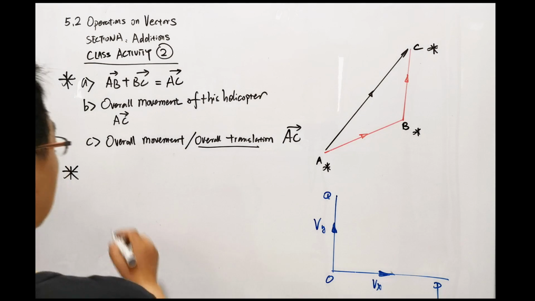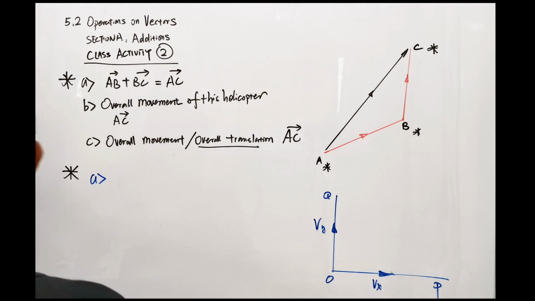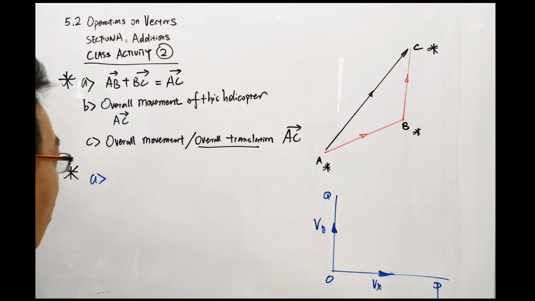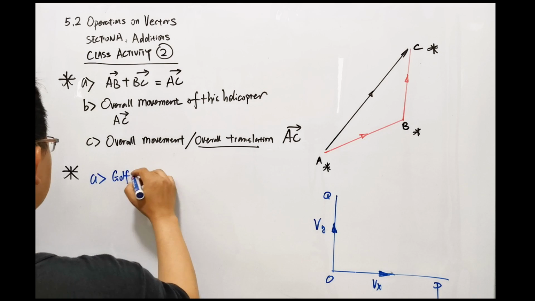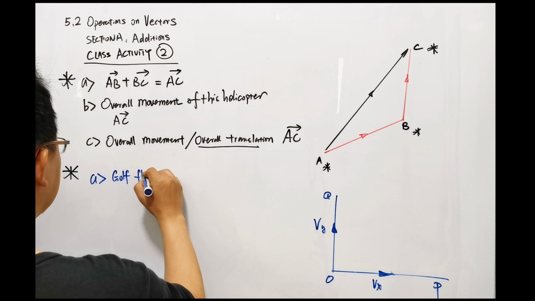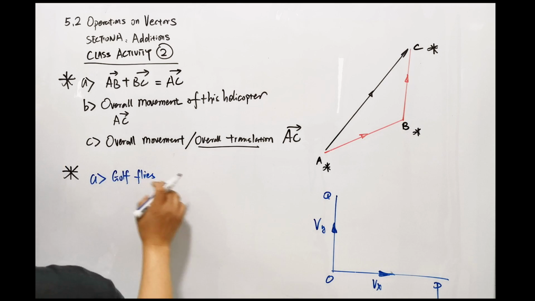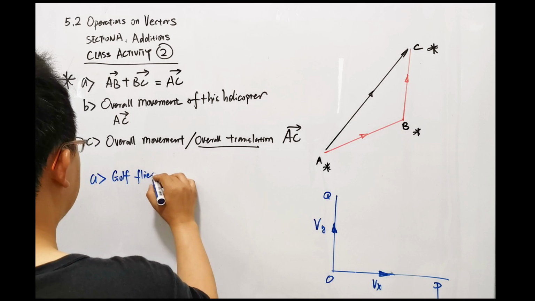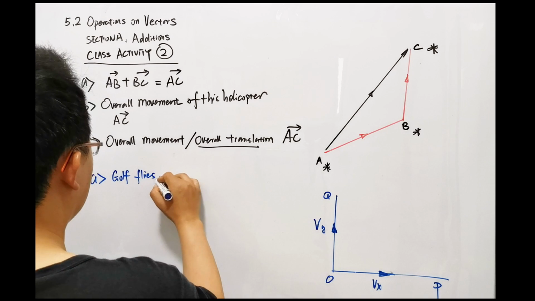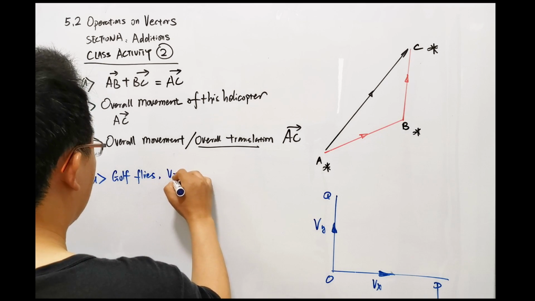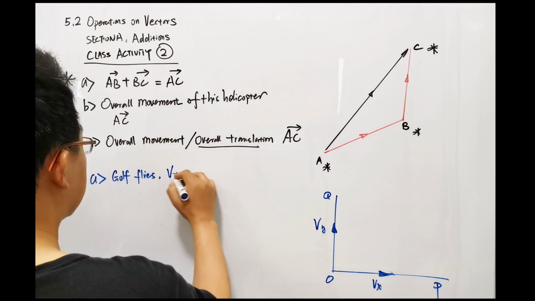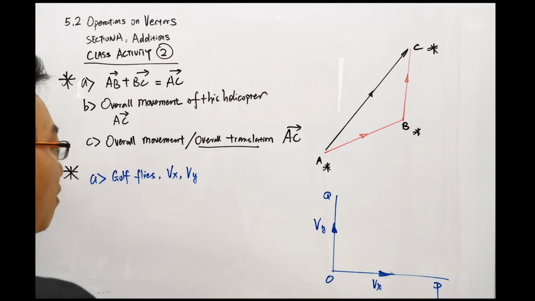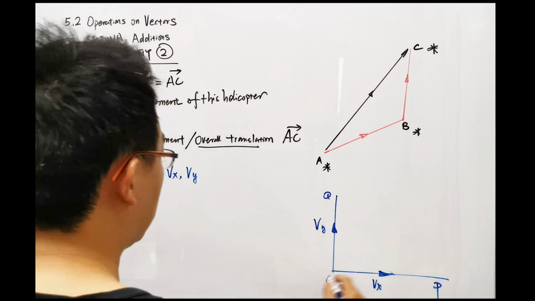For part A, we draw a vector to describe the sum of these two vectors. When the golf ball flies along, it has two velocities: the horizontal velocity Vx and the vertical velocity Vy.